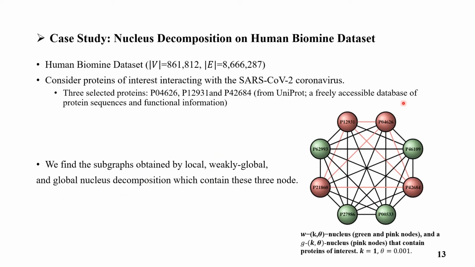Here is the subgraph. The whole graph is a weakly global nucleus, and the pink nodes and edges among them correspond to a global nucleus. And this result is very interesting.